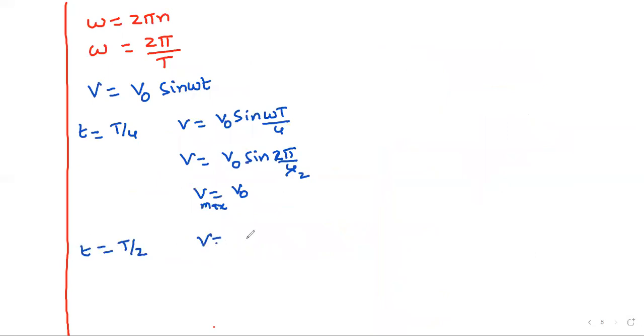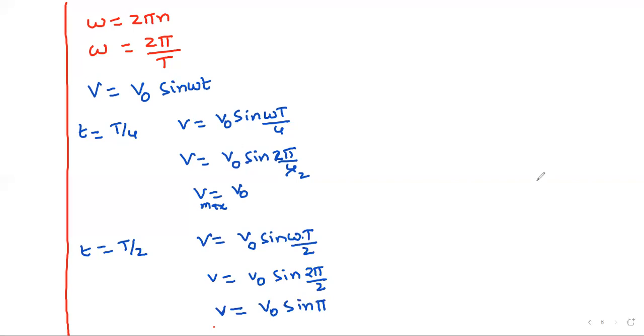V equals V naught sine of omega into T by 2. So omega into T I can write as 2 pi, and 2 pi by 2 is sine 180. See, sine pi, that is sine 180, I can write as sine of 180 minus theta. 180 minus theta lies in which quadrant?